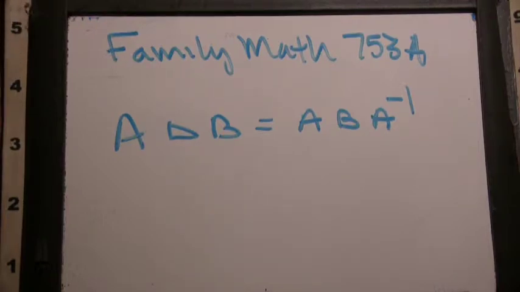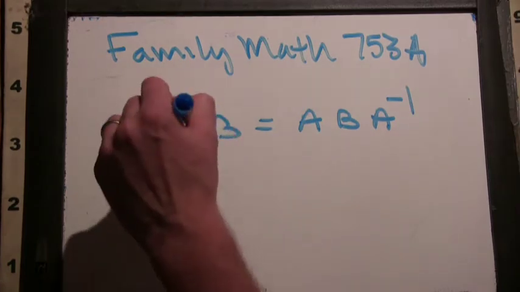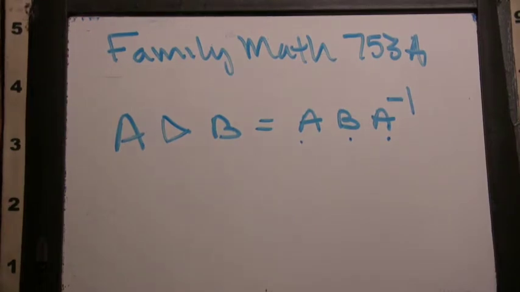She defined this idea, I'll call it triangle, B equals A, B, A inverse. This was just one example in a 45-minute talk, and I thought it might be fun to talk about this because you've never seen anything like this, right?